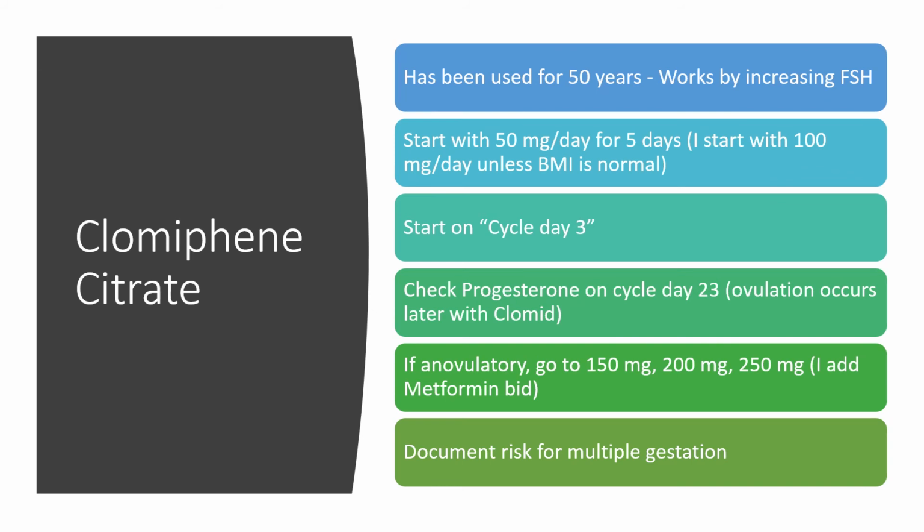If with 50 milligrams, 100 milligrams, the patient doesn't ovulate, you can go to 150 milligrams a day, 200 milligrams a day, and I go to 250 milligrams. I add metformin BID when I'm at 150 milligrams and above, and document the risk for multiple gestations.